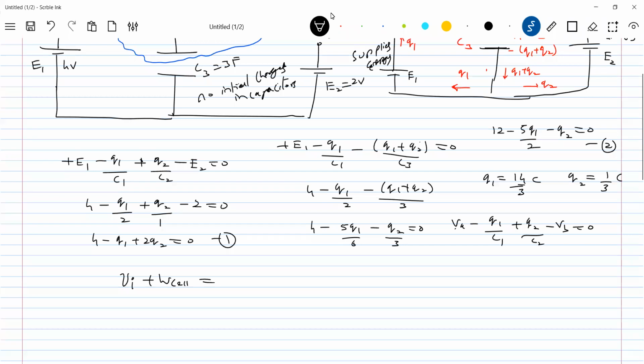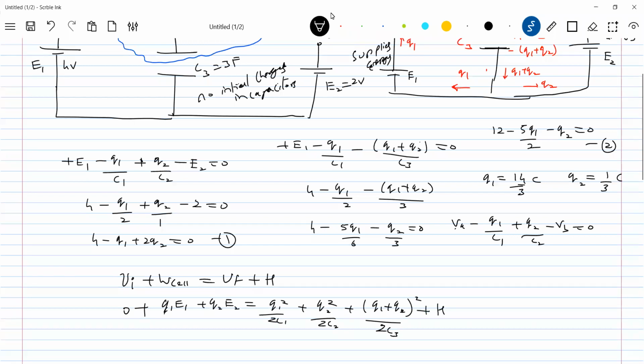Work done by cell equals UF plus heat generated. What is work done by cell? Q1 into E1. Both the cells do positive work. Solve for H, we will get the required answer.